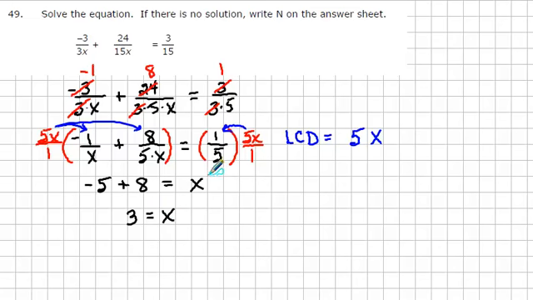Now when you solve rational equations, it is important to check your answer, because when you clear the fraction, it is possible to introduce what are called extraneous solutions, solutions that do not satisfy the original equation. So let's go ahead and substitute 3 for x in the original equation. We're going to check our answer.